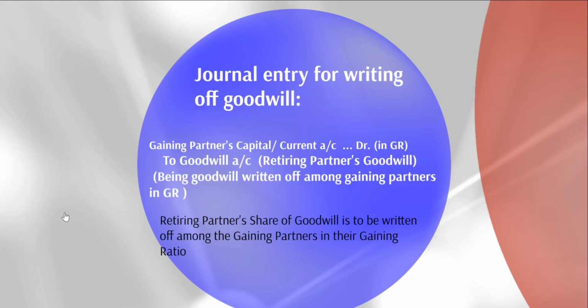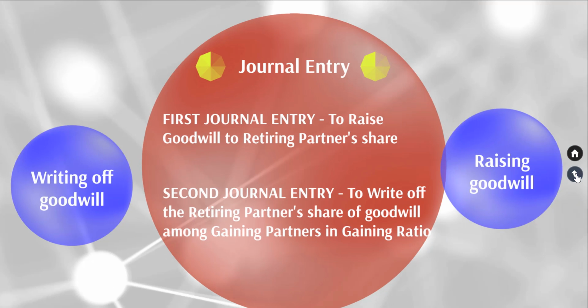So retiring partner's share of goodwill is to be written off among the gaining partners in their gaining ratio. So these are two journal entries which need to be passed in the third method. The first one is to raise the goodwill to the retiring partner's share, and the second journal entry to write off the retiring partner's share of goodwill among the gaining partners in their gaining ratio.